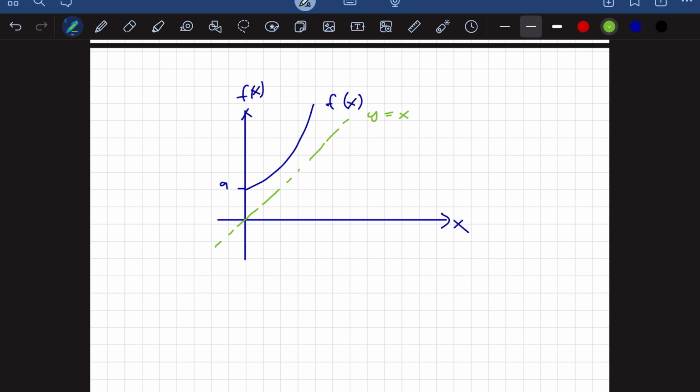So when it cuts the y-axis at A, now it will cut the x-axis at A. And it will be a mirror image of the graph along the y equals x, so almost like a reflection. It's kind of like when you look at butterfly wings, it's symmetrical. And it will always be symmetrical along the y equals to x line.